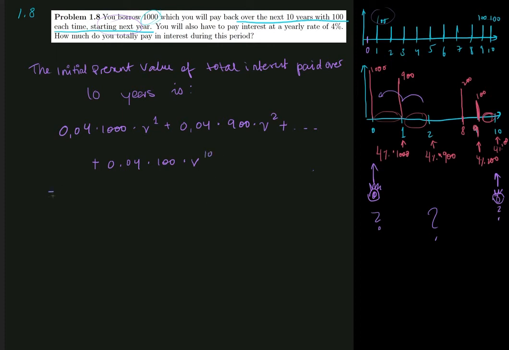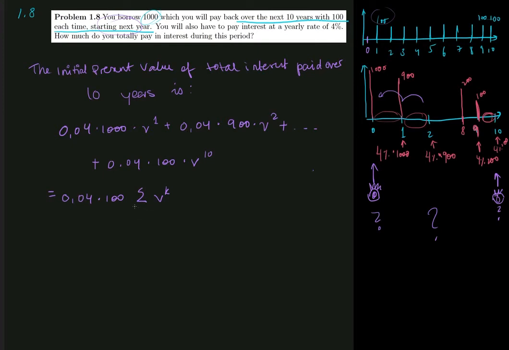And we can see that all of these terms have the interest 0.04 in common. And they actually also have a 100 in common that we can multiply outside of all of these terms. So what we have left inside these terms is v to the first, second, and so on to the 10th.